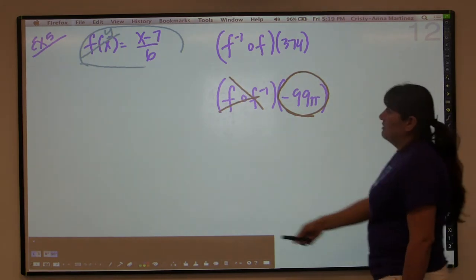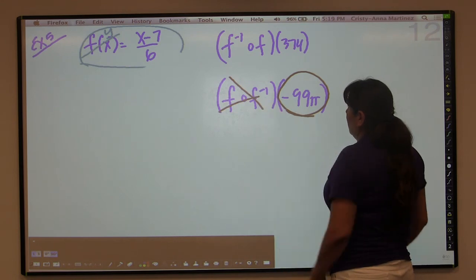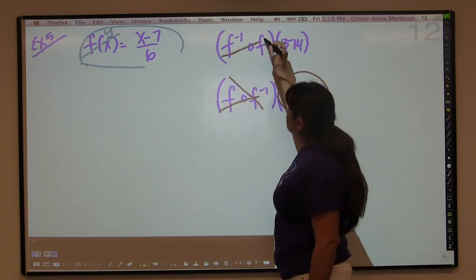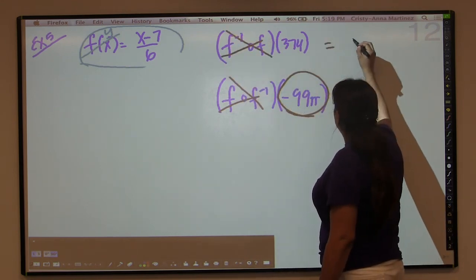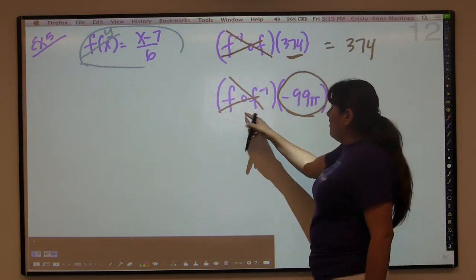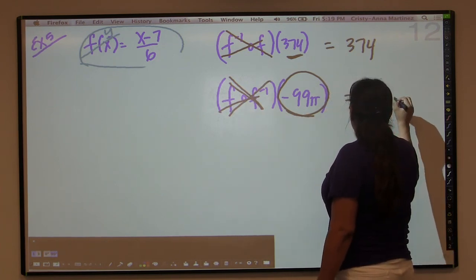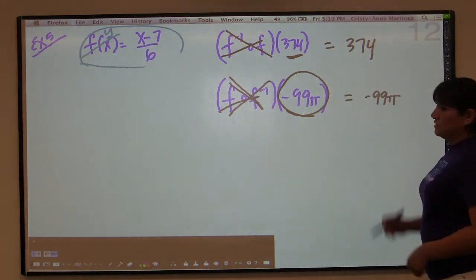They tell me that the function is x minus 7 over 6, and they want me to find f inverse of f. If in fact these are the inverse functions, they will cancel, and the answer will be the x value, which is 374. f of f inverse cancels, the answer will be negative 99 pi. No work to show, those are the answers.